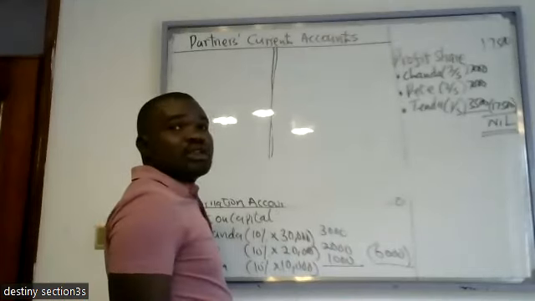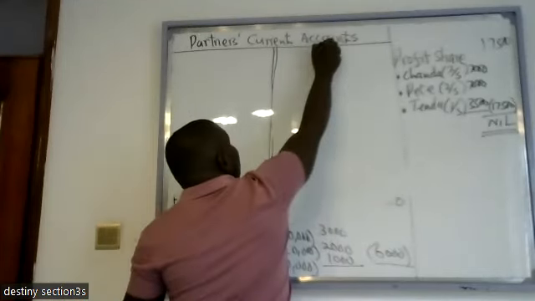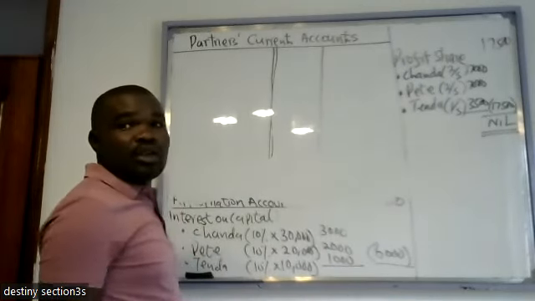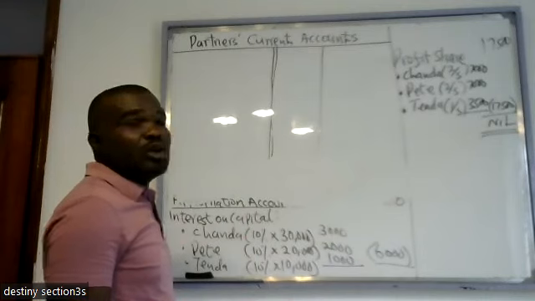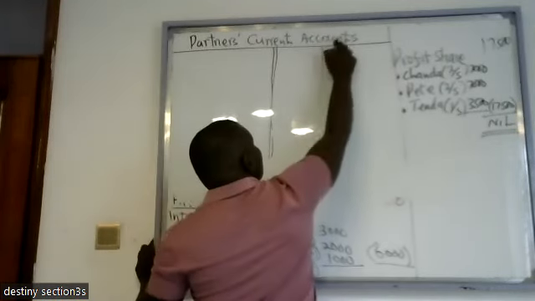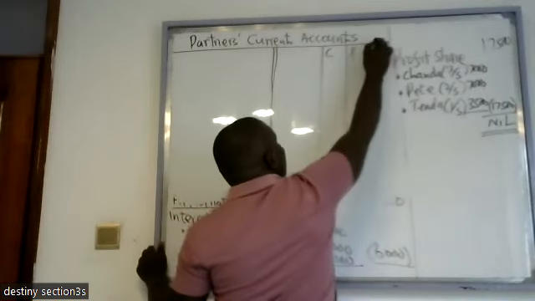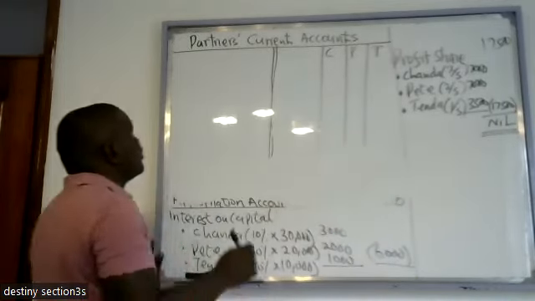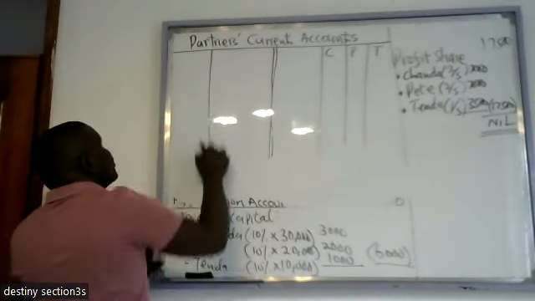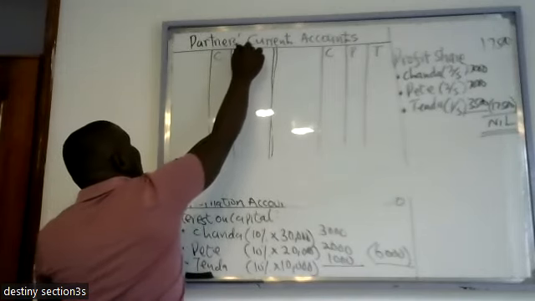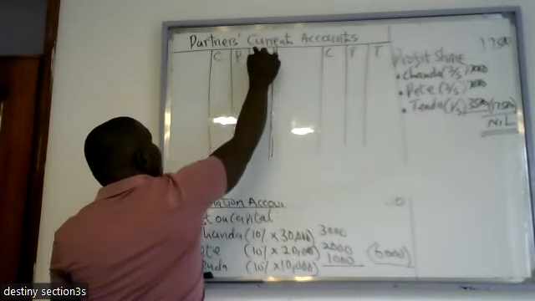So Chanda, Pete, Tena, each person should have their own space. So you write in full, I'll be using the initials, but write their name in full. So Chanda, Pete, Tena.